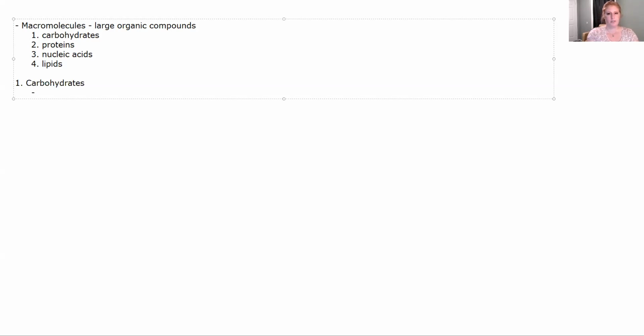That first level, or the simplest level, is called a monosaccharide. Mono meaning one. The root SACCH is referring to sugar, so single sugar, one sugar, okay?